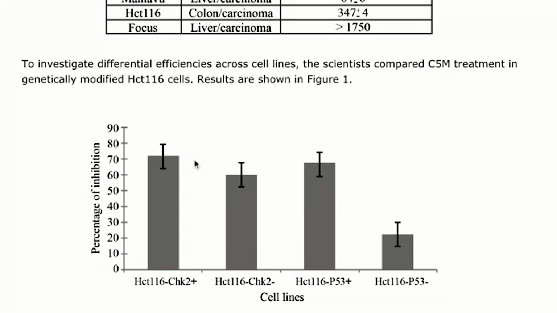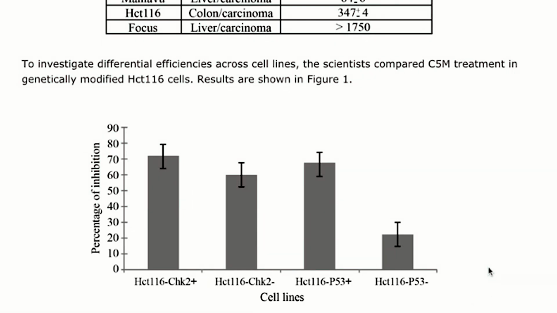They're all being exposed to the same concentration of C5M, and we're looking at what is the percentage of inhibition. So this time I'm holding the concentration constant. Last time I modified the concentration until I got that 50% decrease. Here I have the same concentration, that 1 micromolar C5M, and I'm just seeing what percent of inhibition it gives me for each of these things.